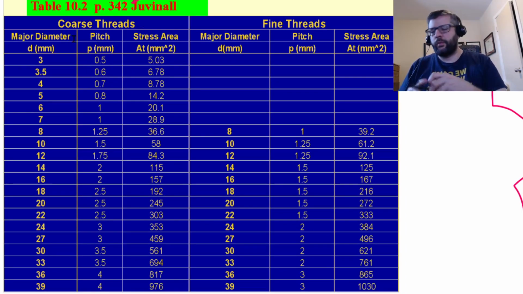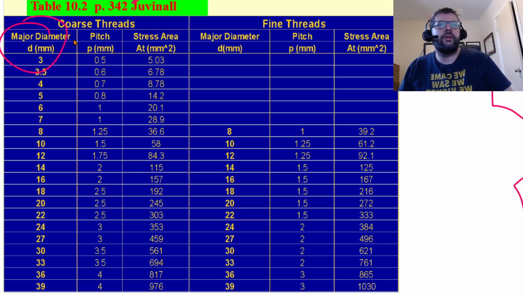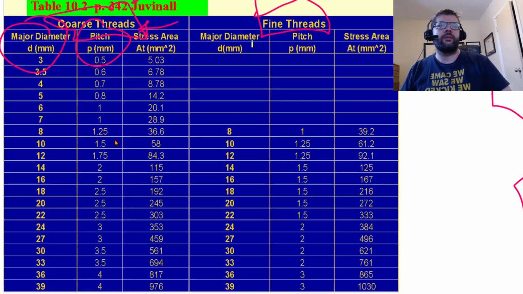So it's going to be based upon what the diameter is, what the pitch is, and also whether we're working with coarse or fine threads. Typically speaking, there are standard coarse threads, standard fine threads, and standard extra fine threads for a particular diameter.